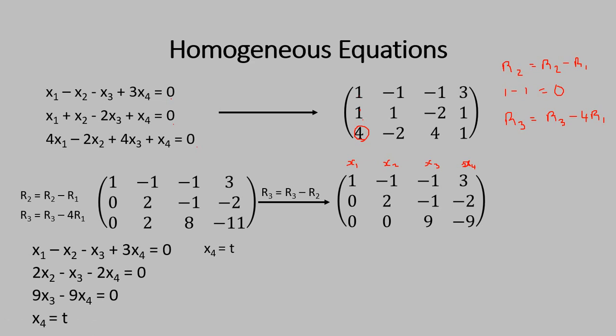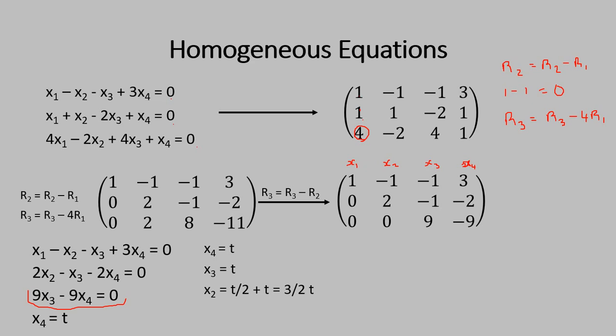So we let x4 be equal to t. So if x4 is equal to t, x3 will also be equal to t. And why is that so? Now, if we look at this equation here, 9x3 minus 9x4, if we solve that, we realize that x3 is equal to x4, and x4 is t, so x3 is t.